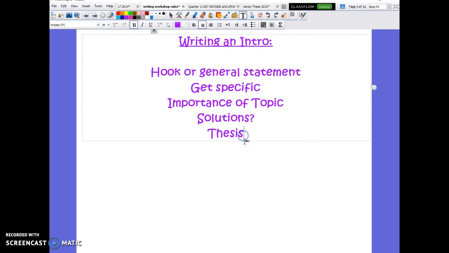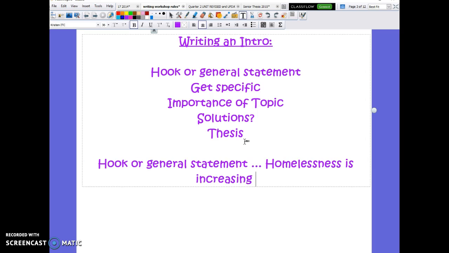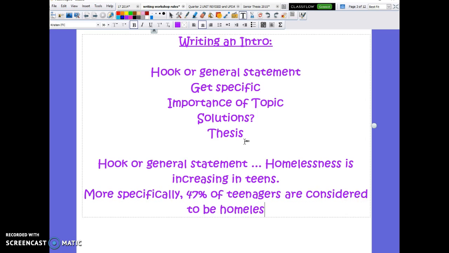And so really it becomes hook or general statement: homelessness is increasing in teens. More specifically, 47 or whatever I said percent of teenagers are considered to be homeless.